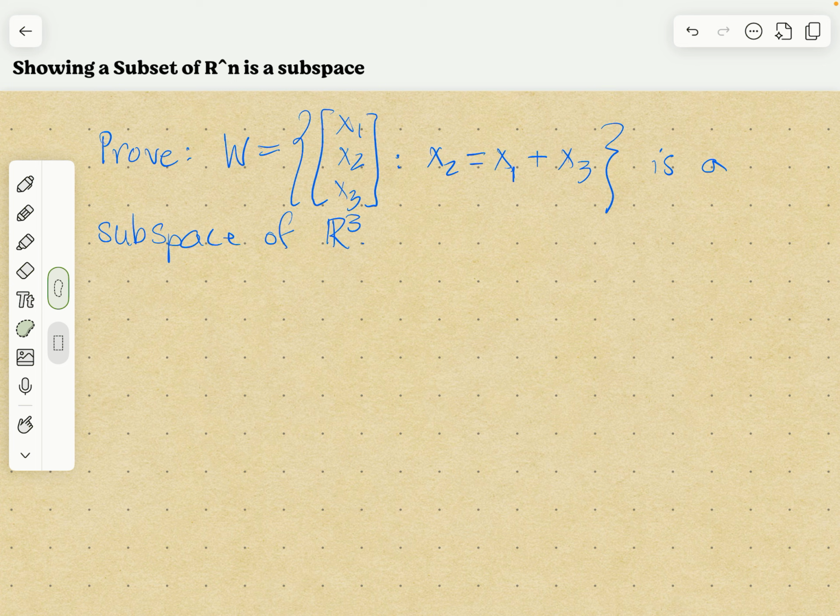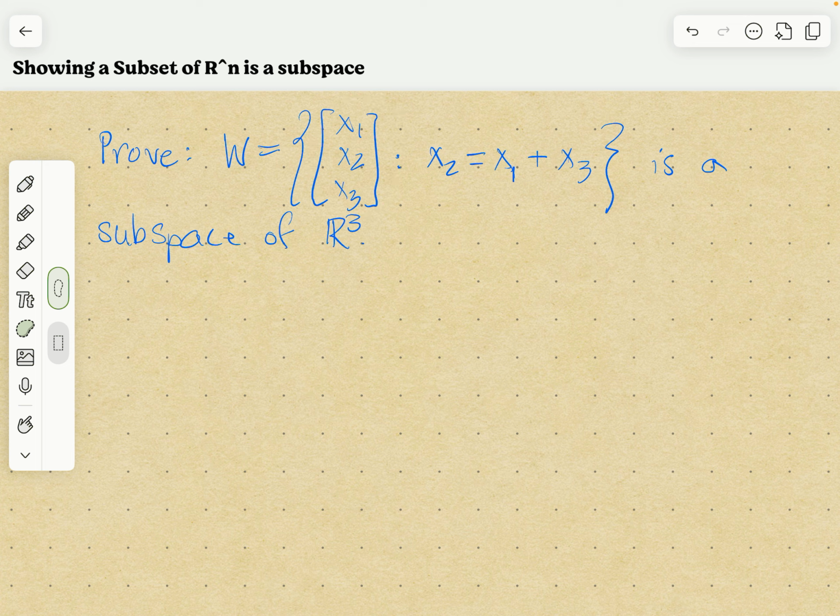So let's just be clear what this notation means. When I see that W is equal to vectors of this form satisfying this equation, I see that W is a subset of R3, because I have three components here.